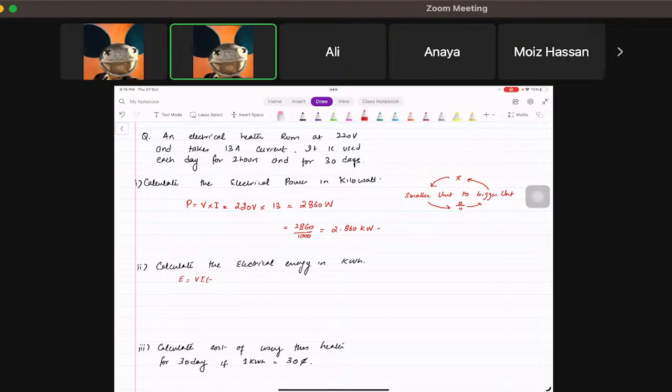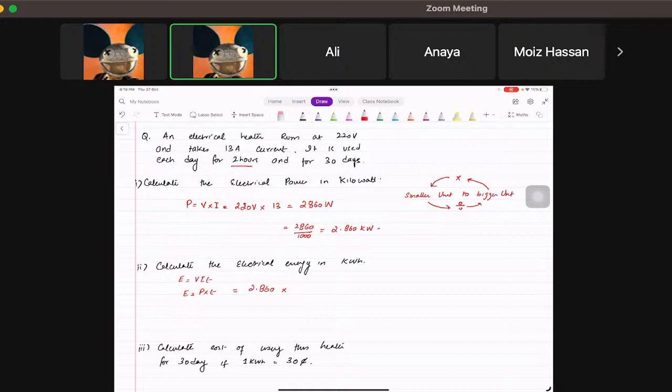So what you need is we can do energy as power into time. Simple, because power is VI. So the power is already in kilowatt and we just need to multiply time in hours. It says that it is used each day for 2 hours and for 30 days.